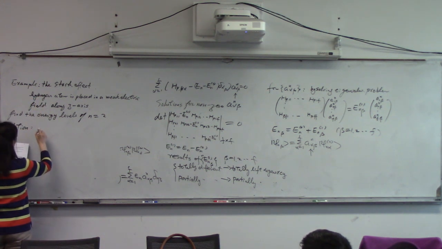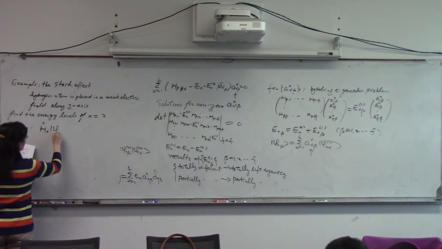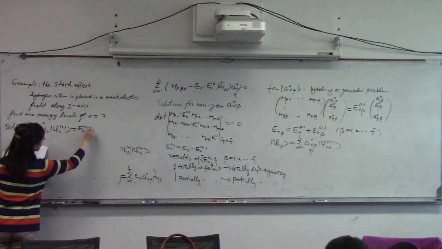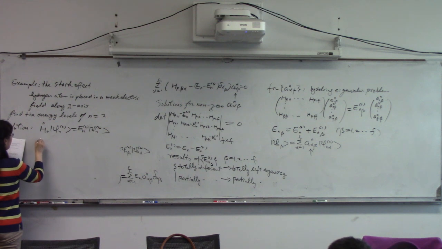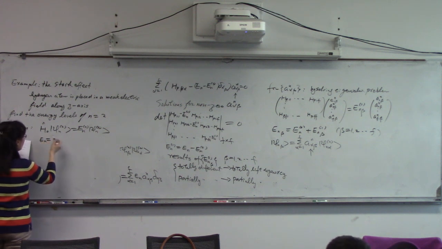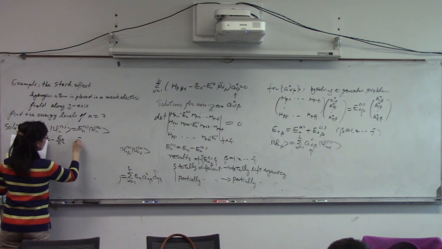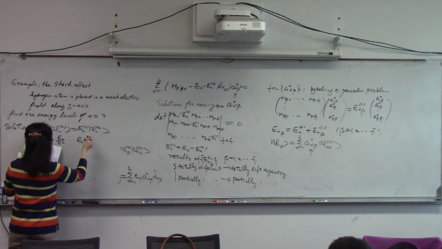Just to remind you about H naught, the solution is highly degenerate. Here, E n is minus E naught over n squared, where E naught is 13.6 eV or some number.